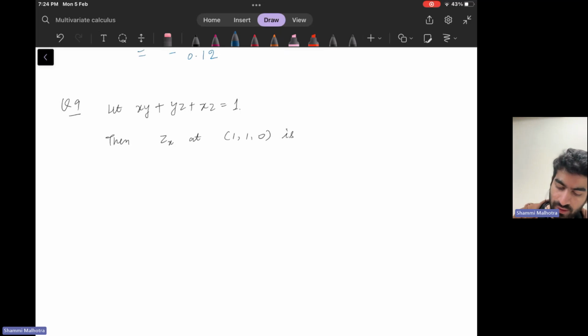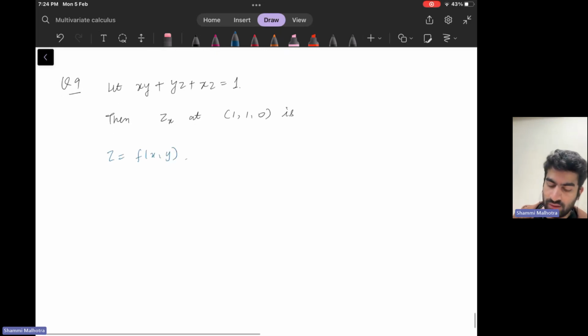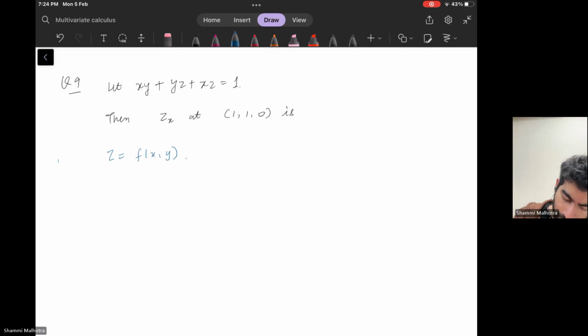So let's say I have to find the partial derivative with respect to x. I'm assuming that z is a function of x and y. So when I implicitly differentiate, I just differentiate directly, you can say.